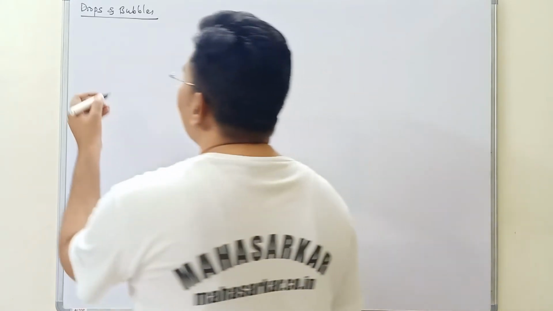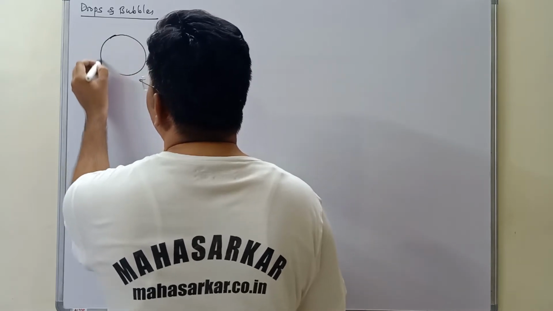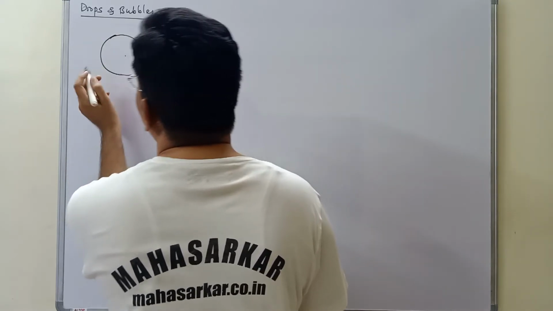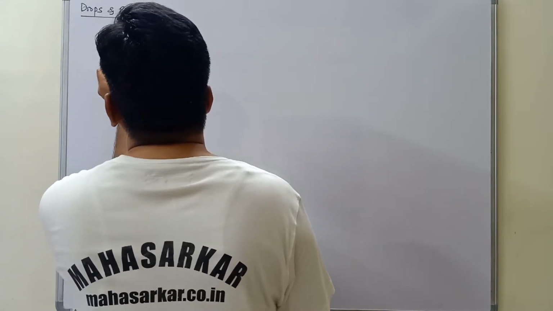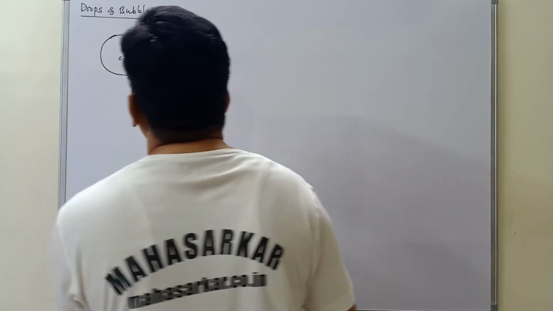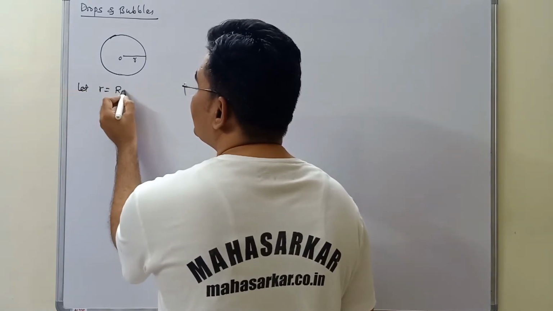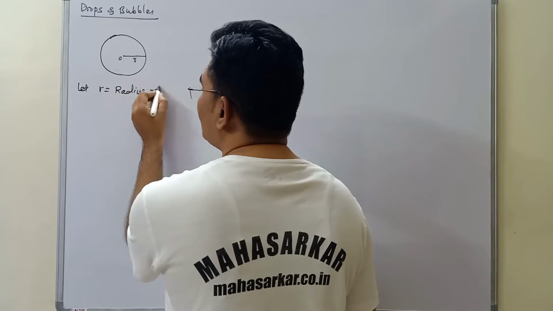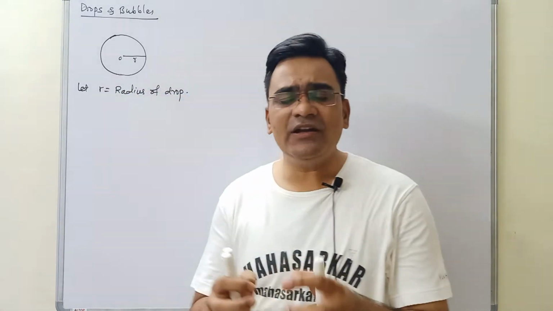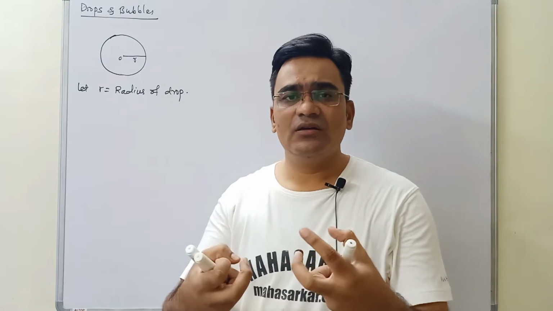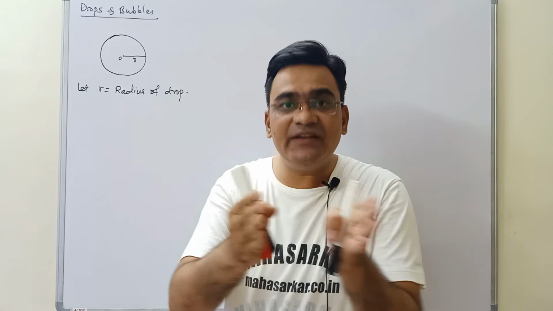So to understand that, suppose I have a drop of radius r. I have a drop of liquid whose radius is R. So I will write simultaneously, let R be the initial radius of the drop. Now I apply a little force so that the volume of that drop increases, so that its size also increases.